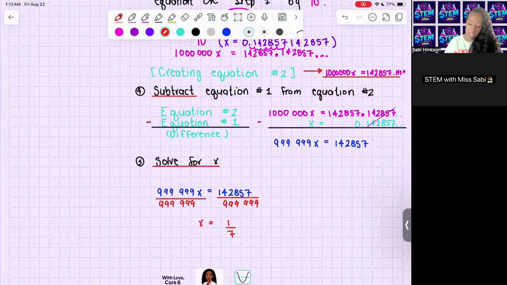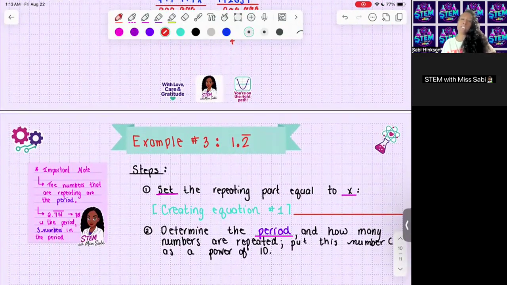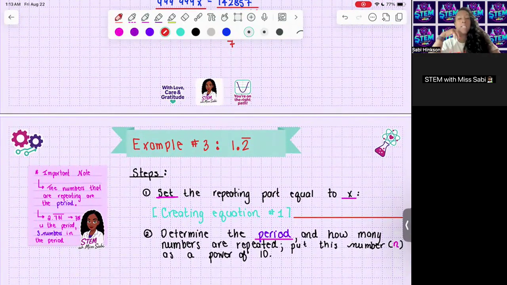All right, so the next example, I'm showing this example because it's a little bit different because we have a repeating decimal, but we also have what's before the decimal place, which is a regular whole number. So when I was working with the boys, they were like, can I set the whole thing equal to x? And I just reminded them about what we're doing here.